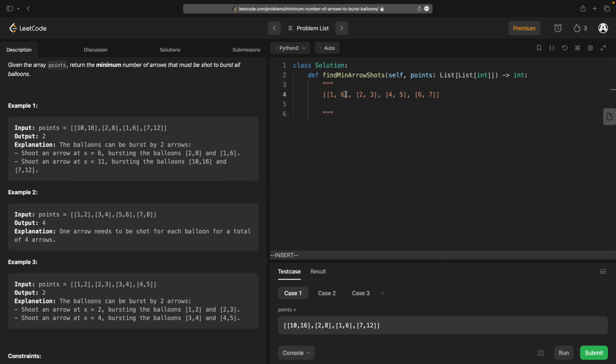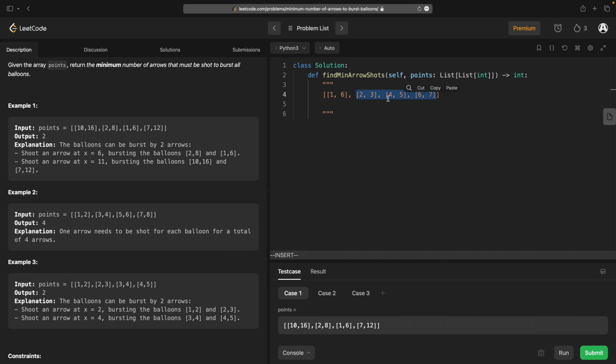Something funny is happening here. So this one here, if I fire a shot, if I collect everything that goes up to 6, that would collect all of them and would suggest I can fire just 1 arrow. But that's not true, because 2, 3, 4, 5, 6, 7 do not overlap.